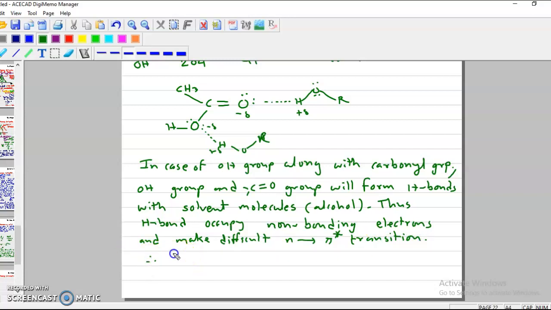And therefore lambda maxima decreases, which is called a blue shift or hypsochromic shift.